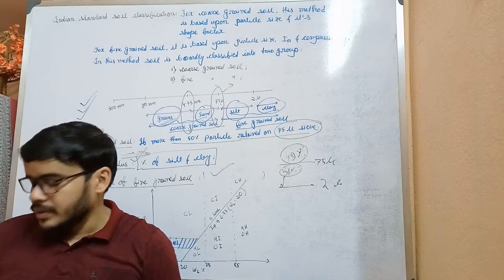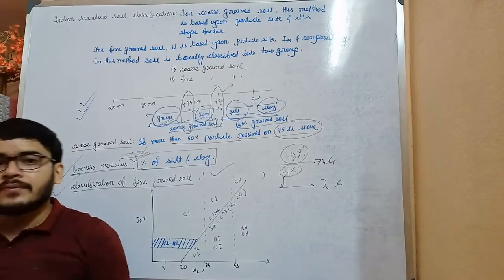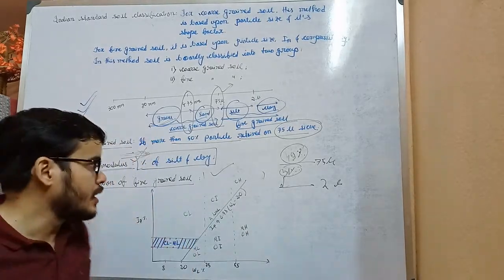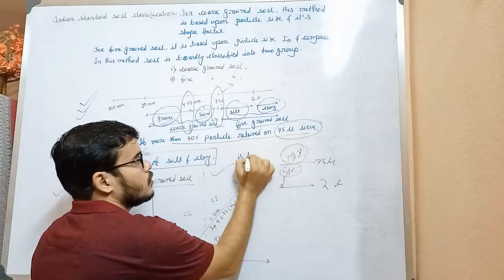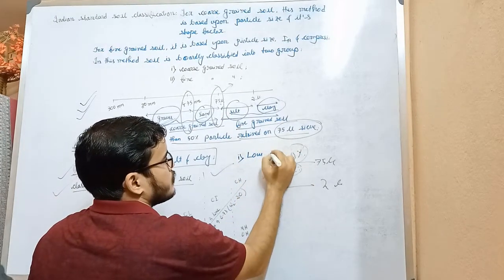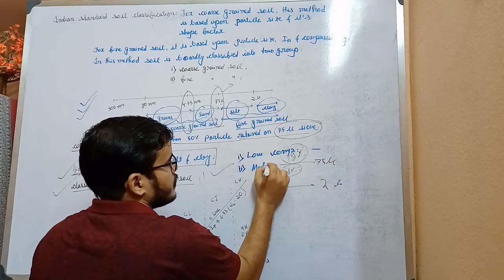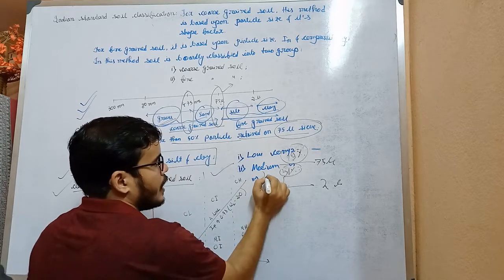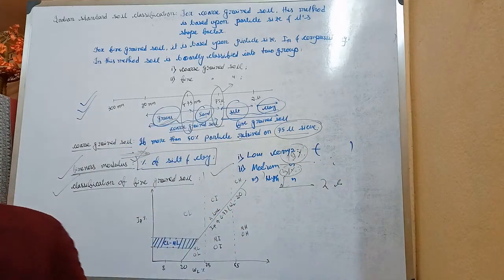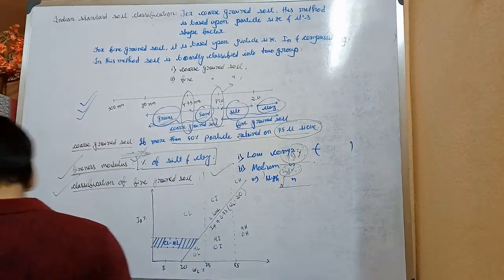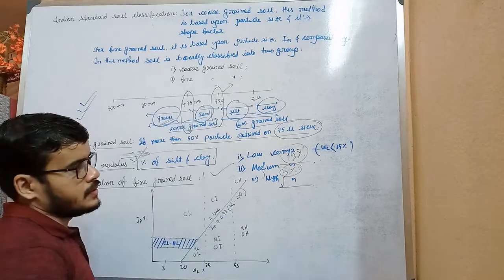Okay, and now on the basis of its compressibility, we can divide fine grained soil into three groups. Number one, low compressibility. Number two, medium compressibility, and number three, high compressibility. Now when liquid limit less than 35%, it will be low compressibility.